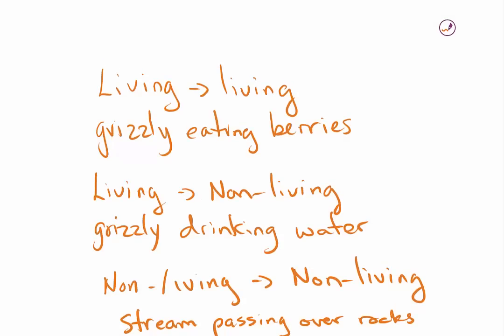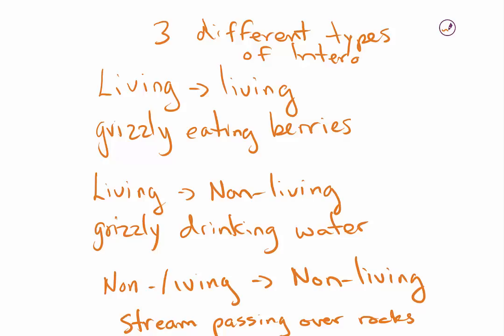So that makes 3 different types of interactions that you can have in an environment or an ecosystem: living to living, living to non-living, and non-living to non-living.